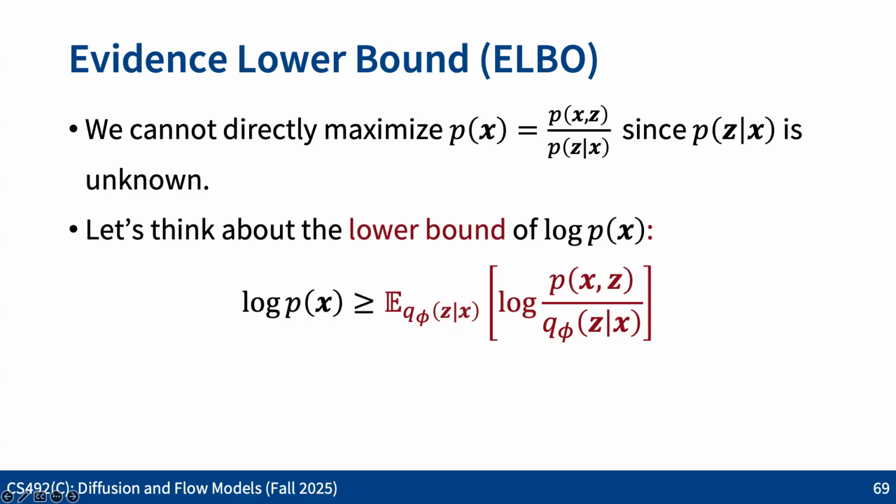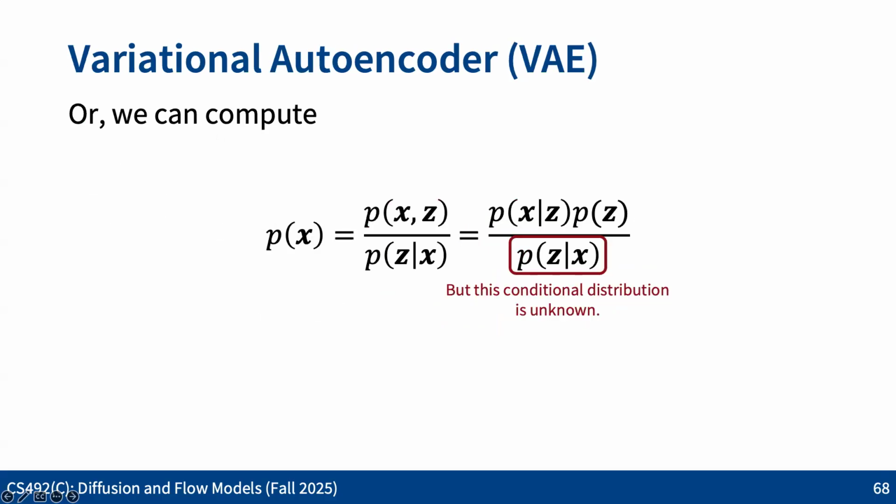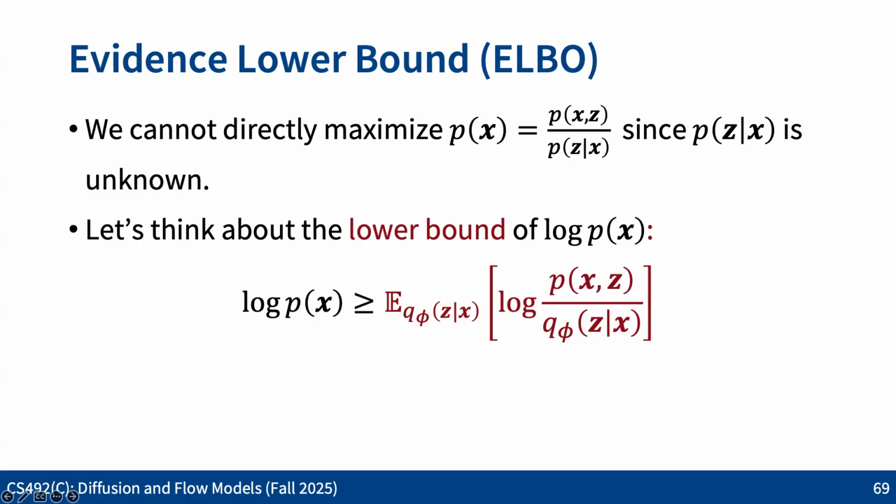And here, this looks very similar to the previous form based on the Bayes rule. But the difference is that now we have not the exact posterior distribution, but some sort of proxy distribution.